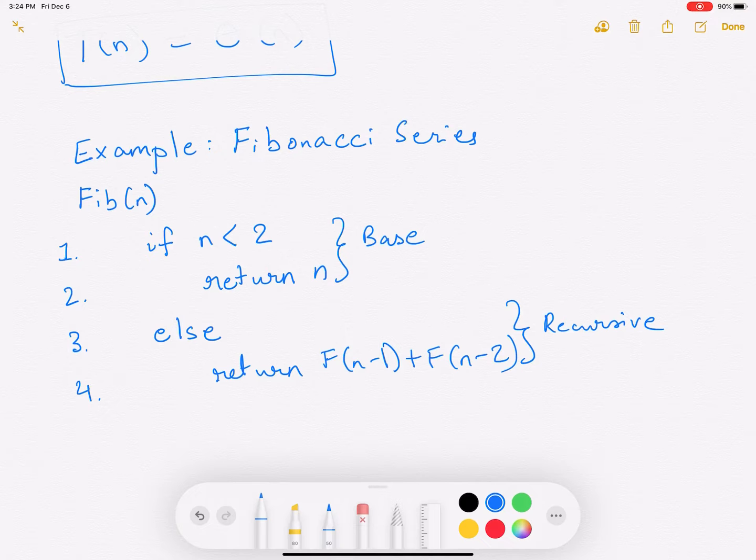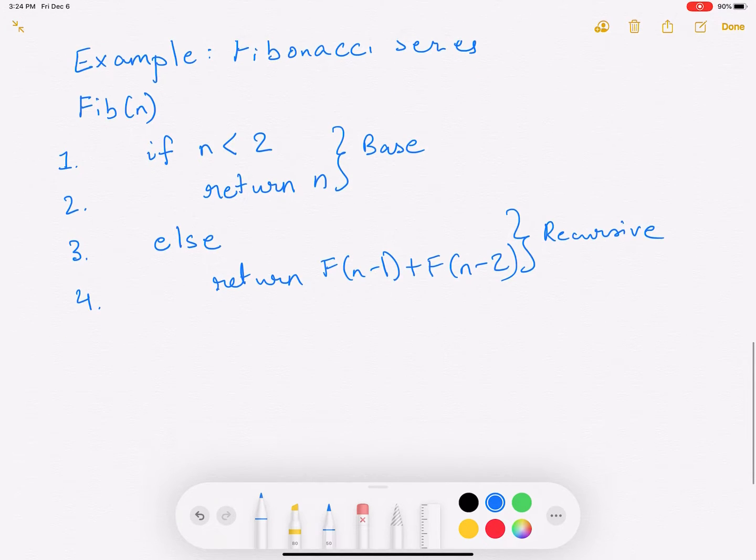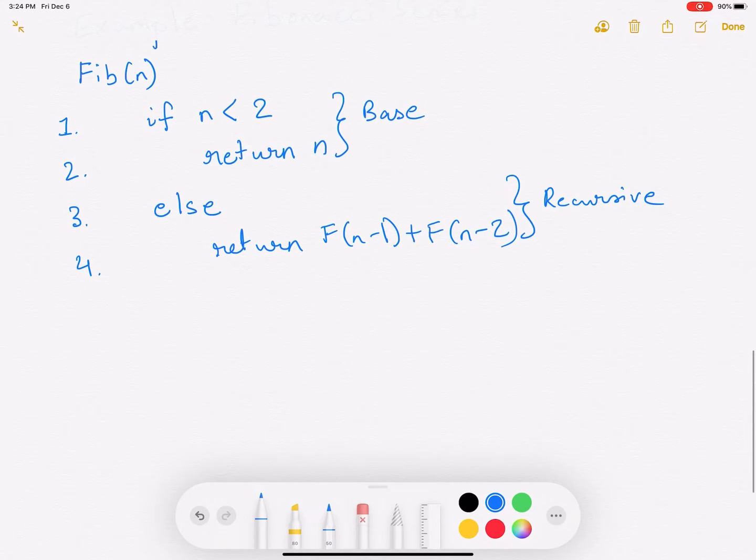So how do we go about finding the runtime of the Fibonacci series? T(n) is the runtime of the algorithm for input size n. That will be equal to theta of 1, that is constant, if n is less than 2. That is for the base case, it will just be theta of 1.